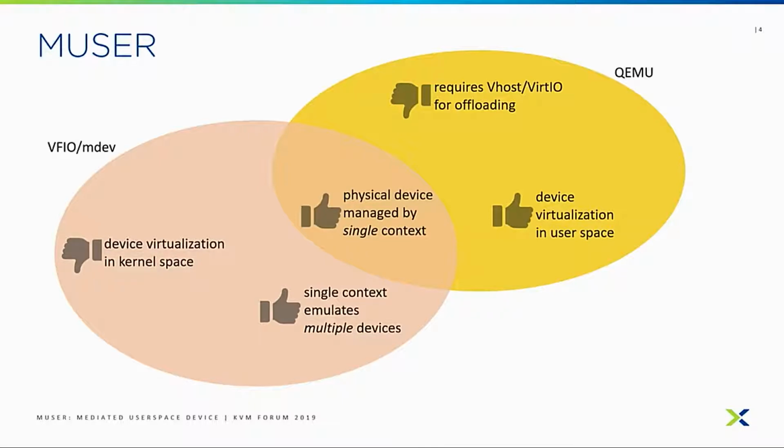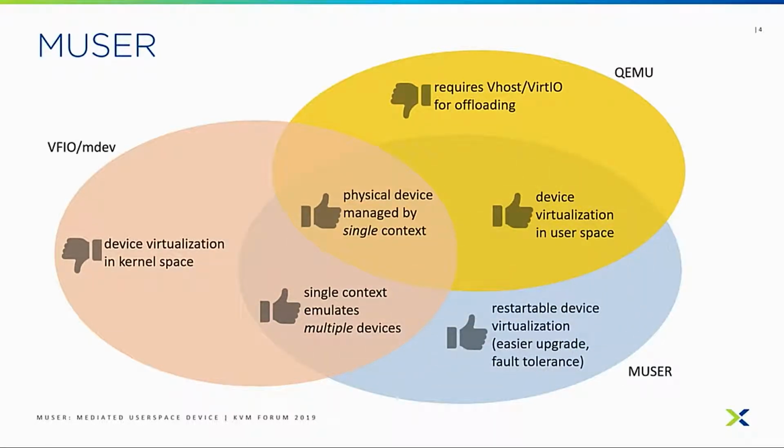So what we came up with is combining the advantages of vfio mdev and QEMU without the disadvantages. And we achieve this by creating a framework that allows us to move device emulation in user space outside QEMU without using vhost-user. We call this framework MUSER, which stands for Mediated User Space Device.